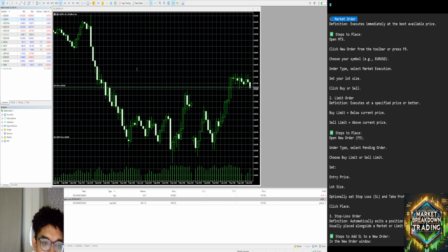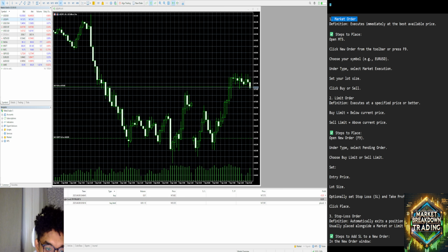Volume is also indicative of the lot size. So a volume of 1.0 is a standard lot, which is 100,000 units of currency. A tenth of a standard lot is referred to as, I believe, a mini, and that's 10,000 units of currency.